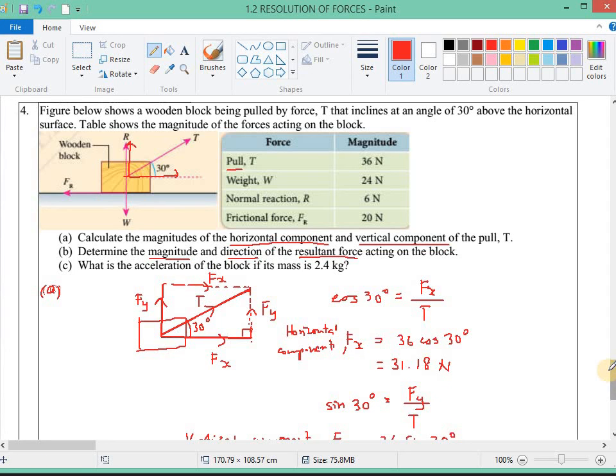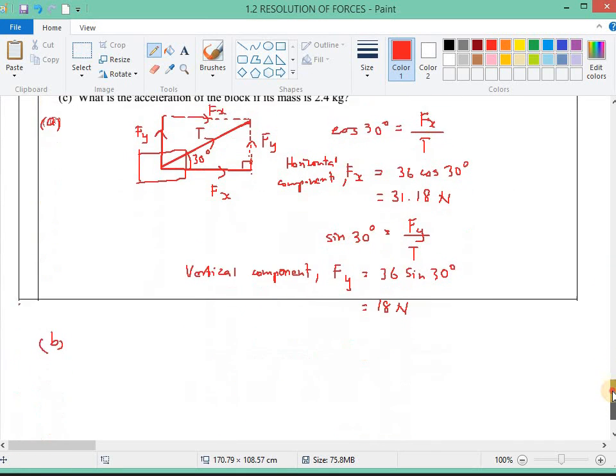The horizontal component is this one. This is Fx. This is Fy. So the horizontal component is this Fx together with the frictional force.